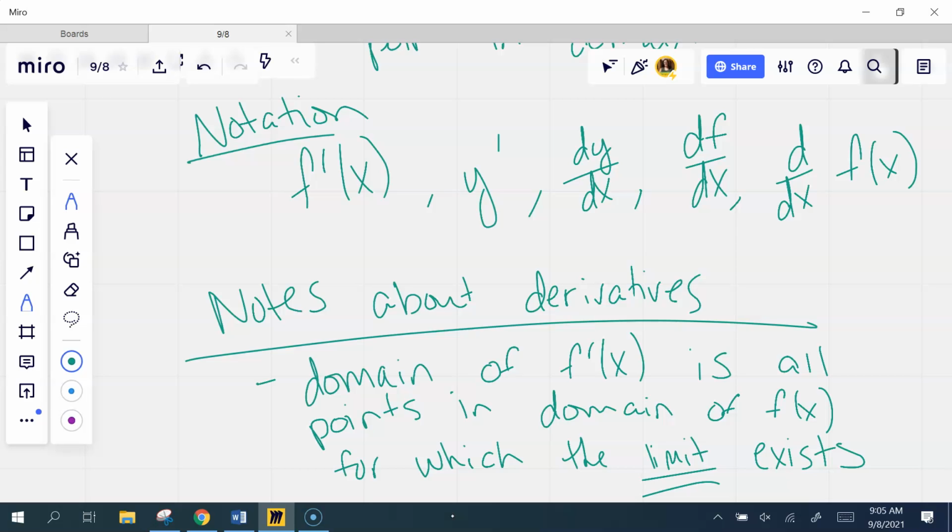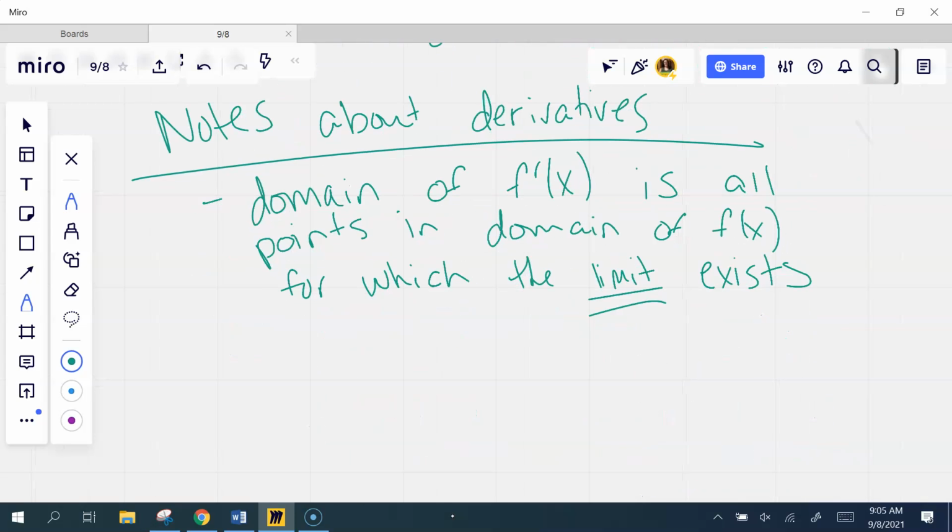So if the limit does not exist, I am not differentiable at that point. Okay, so my domain, both sides, yes. If the limit does not exist, it's not part of the derivative. And we'll talk more about that later.